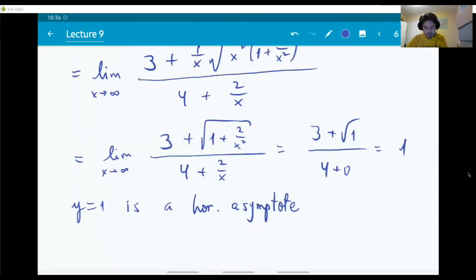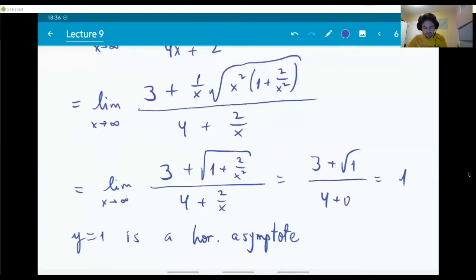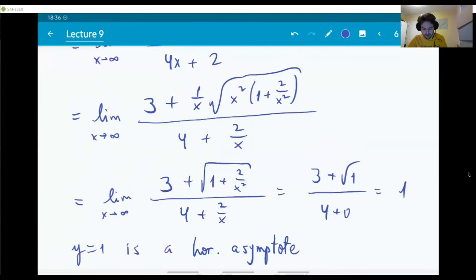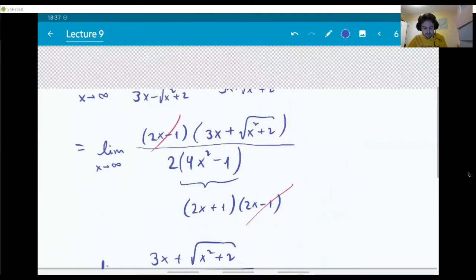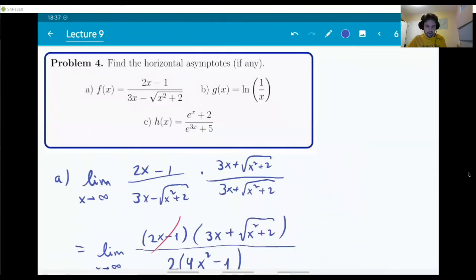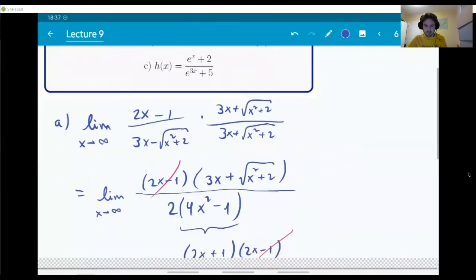Okay, now we're halfway done with this item. We were looking for the horizontal asymptotes. We just found one from the limit at plus infinity. We need another one for minus infinity. But if you think about it, most of the simplifications are all the same here. What happens with the limit at minus infinity now? You would start the same way. You would still do this cancellation right here.